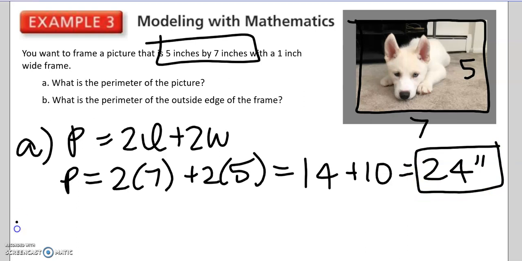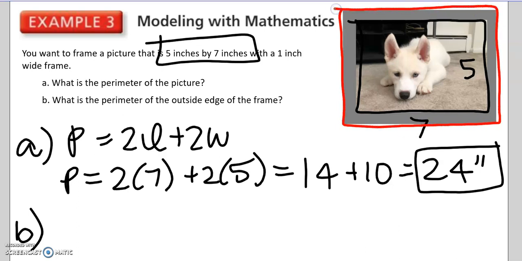Now, B says, what is the perimeter of the outside edge of the frame? This is where we really have to think. Outside edge of the frame is now talking about this. How wide was the frame?